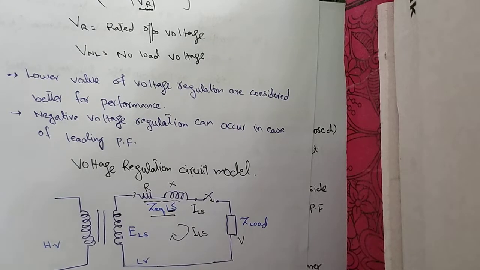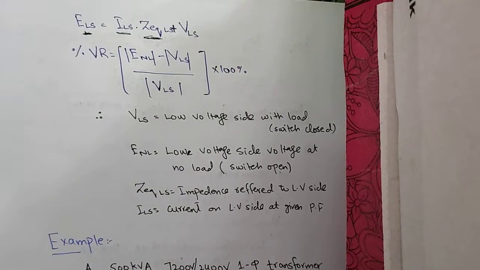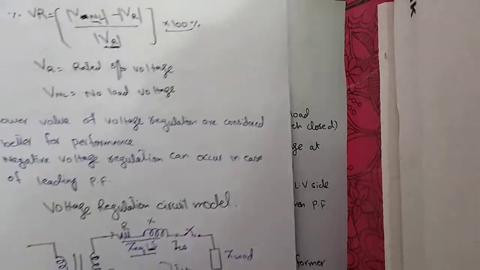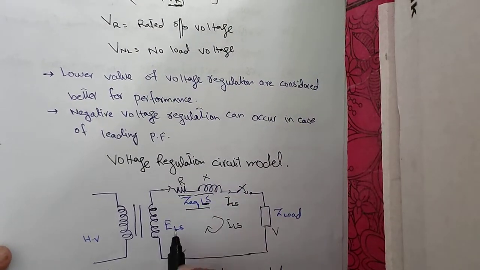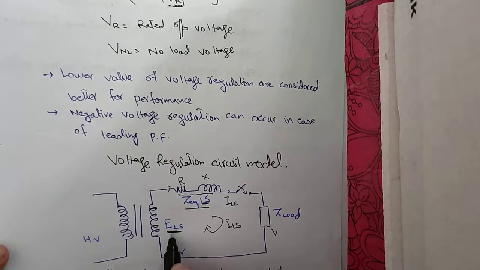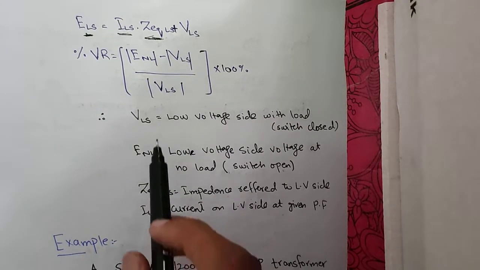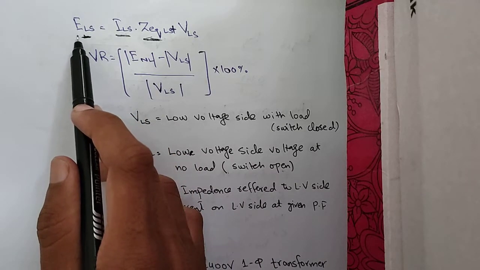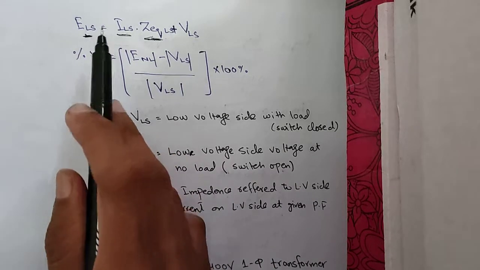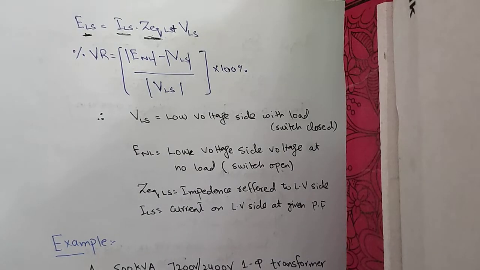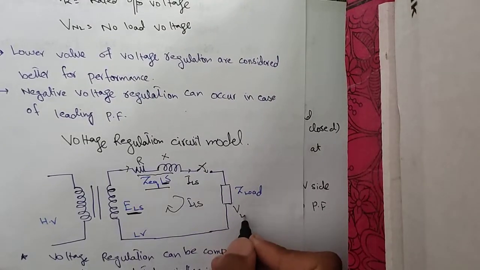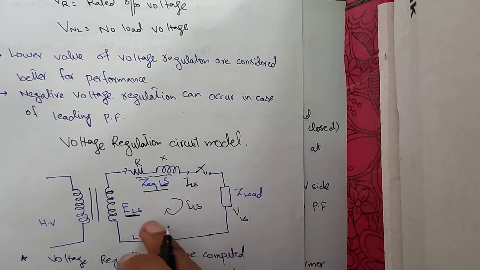Now you have got two voltages. One is the no load voltage when the switch is open, which is equal to ELS, and one is the voltage which is obtained on load. For getting VLS, what can you write?